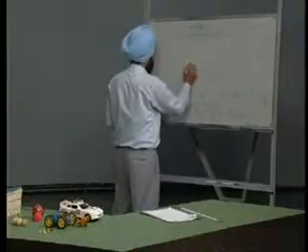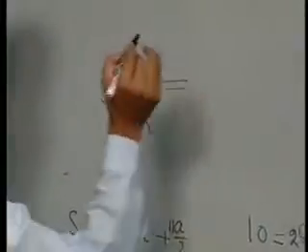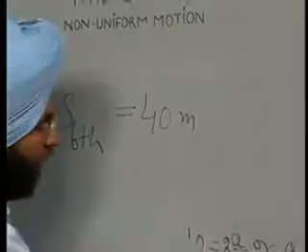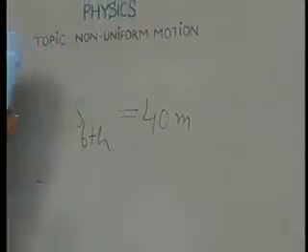S6th is equal to 40 meter. So, with this we have derived all the 4 equations.